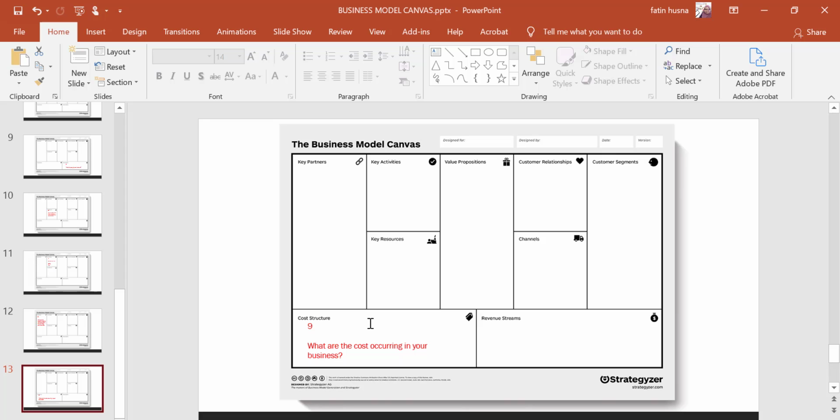Delivery can be under this one. For example, you buy from your supplier, then they deliver to you, and they want you to pay the delivery service, so you pay them. Or maybe you are selling something to your customer, but the delivery charge you bear by yourself, so it will be under cost structure.